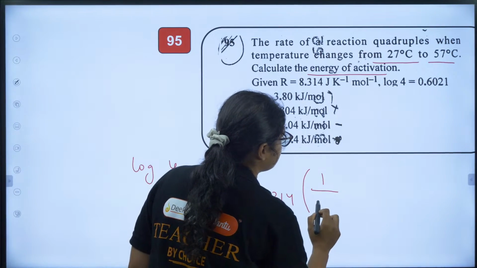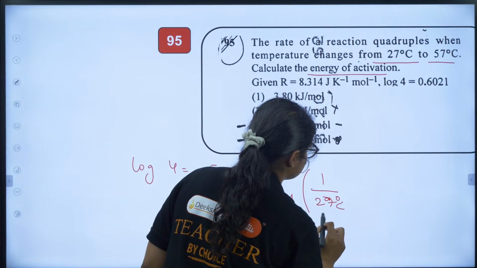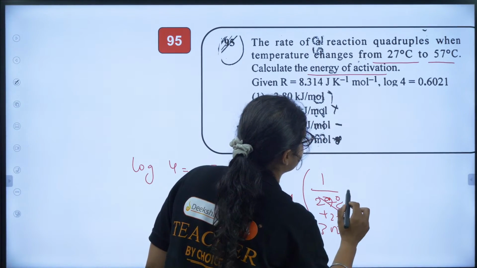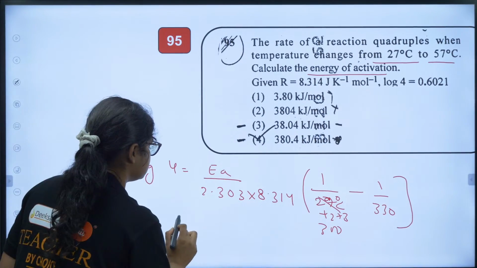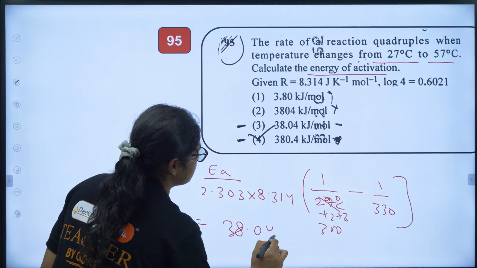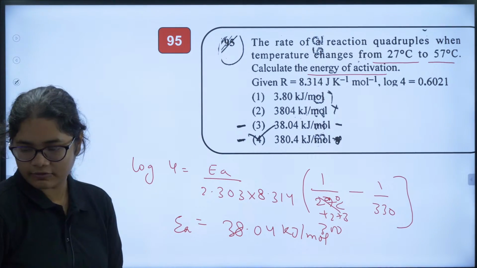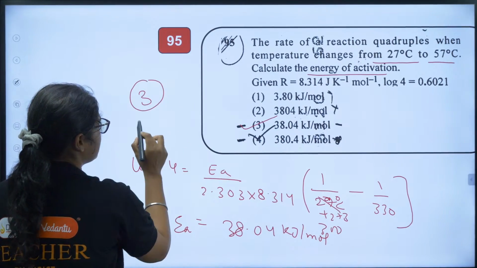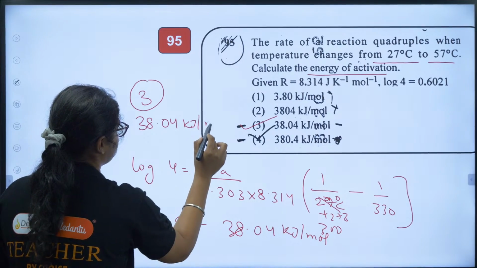So you have to just convert it: 27 degrees Celsius plus 273, so that is your 300 Kelvin, and then you have 330 Kelvin, right? So now if you solve this equation, the energy value you will be getting is around 38.04 kilojoule per mole. Okay, so the correct answer for this question will be option number C, option number 3, that is, I'll write the value here, 38.04 kilojoule per mole.